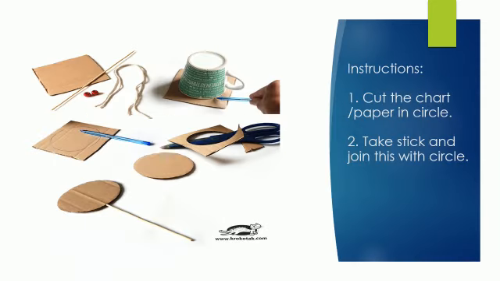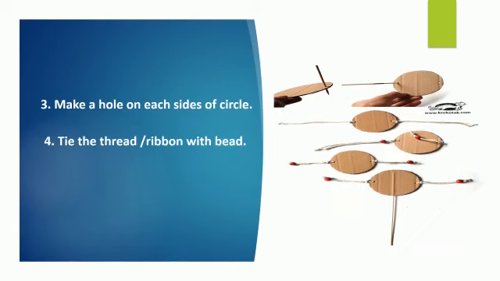Dear students, first of all, cut the chart or paper in a circle. Take a stick and join it with the circle, as you can see in this picture. Now make a hole on each side of the circle and tie the thread or ribbon with a bead, as you can see in this picture.